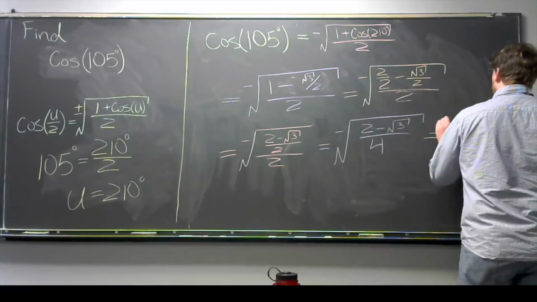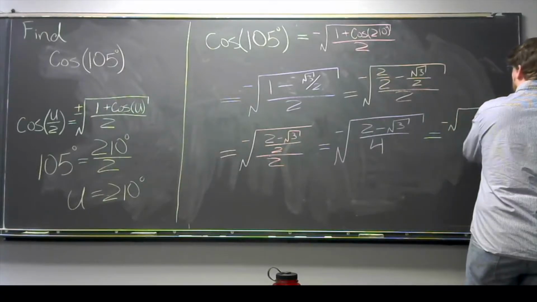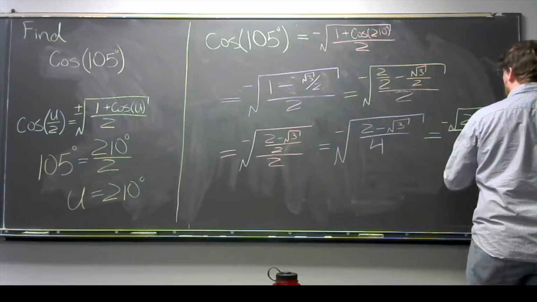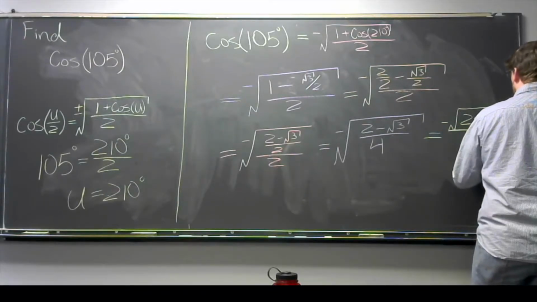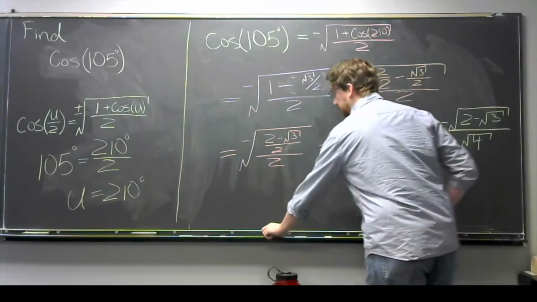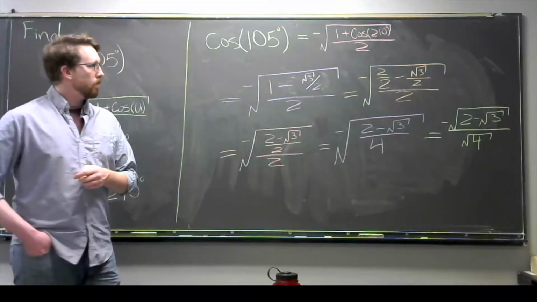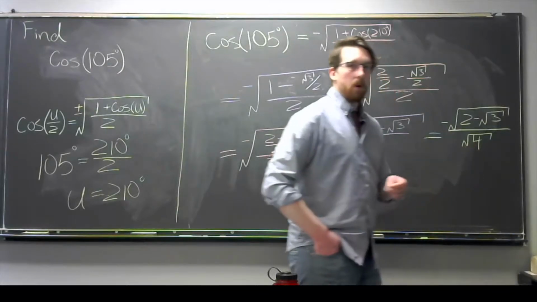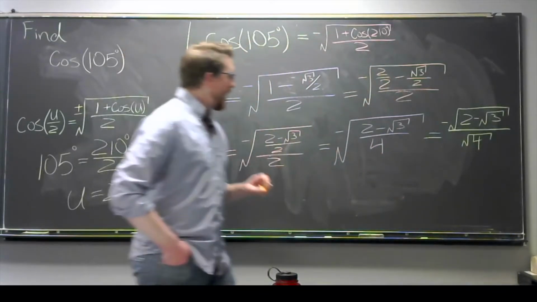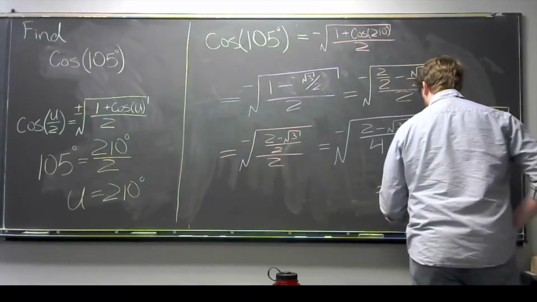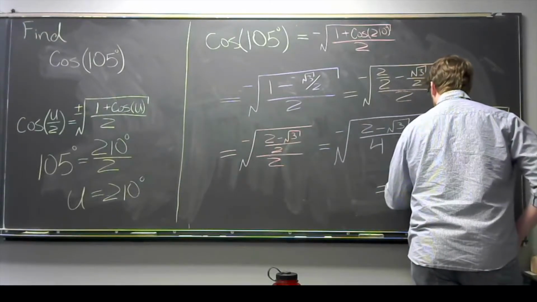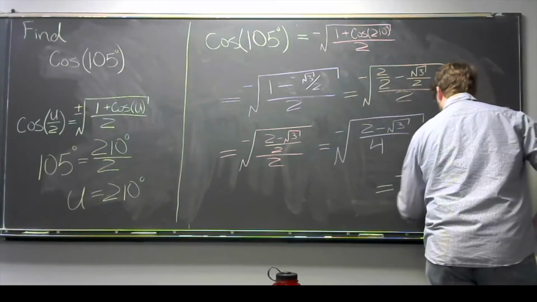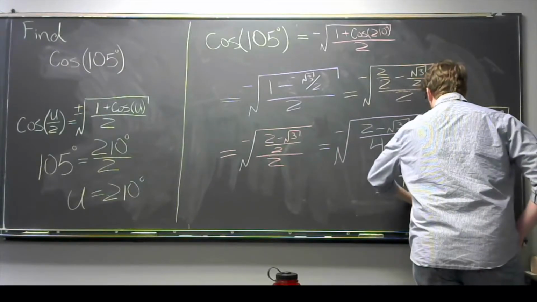What I mean is we can rewrite this as negative square root of 2 minus the square root of 3, all of that divided by the square root of 4. Now, we know the square root of 4 is just 2. So what we've got in the end is going to be negative square root of 2 minus the square root of 3, all over 4. Or, my mistake, all over 2.